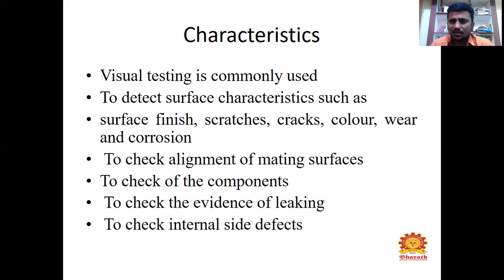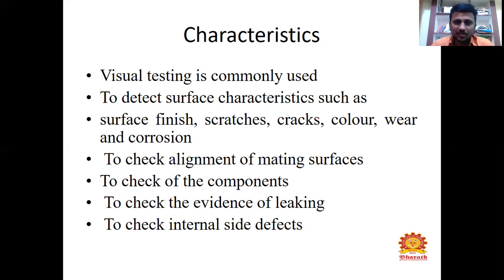And we can check the alignment of mating surfaces. If you have two materials being connected or assembled, we can directly see what defects there are using the aided method. And to check the component, whether the correct component is being connected or not, we can find out directly, aided or non-aided.